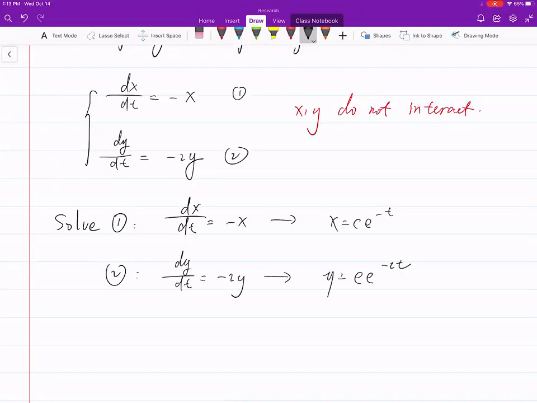This is what we call a completely decoupled system. It looks like you have a coupled system with two things, but really each one of them evolves by itself. They don't interact. Okay, that's the first type.